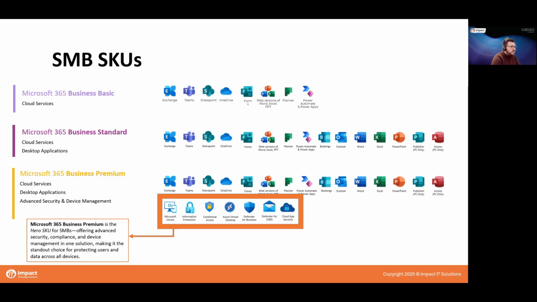You then move on to what's known as Business Standard, which again comes in with a very similar feature set. The primary difference is that your applications, so again Word, Excel and PowerPoint, are now installed desktop applications on your device. So these are things that you can use whether you are online or offline. Now, if we flip back to Business Basic for a moment, Business Basic only comes with these available via your web browser.